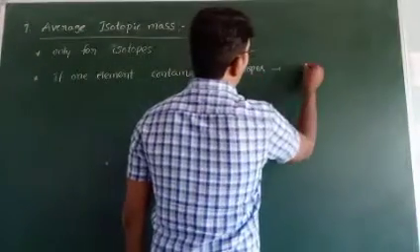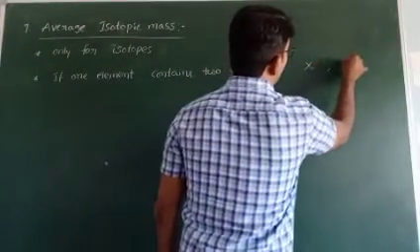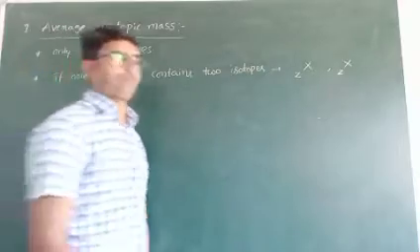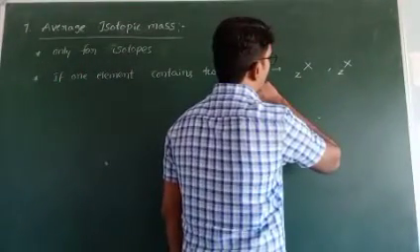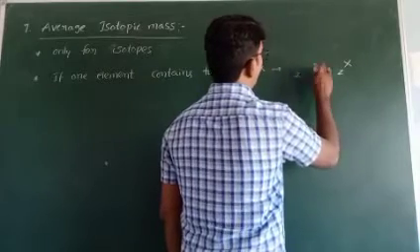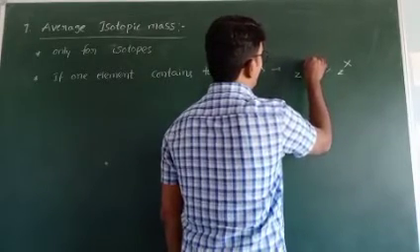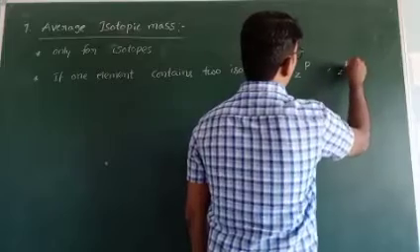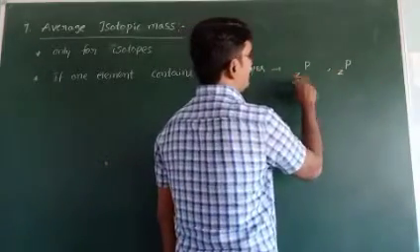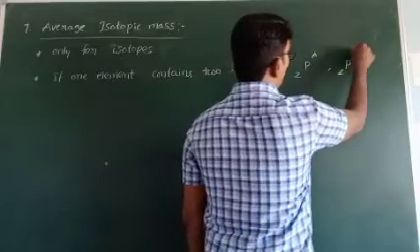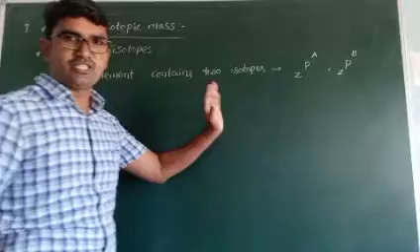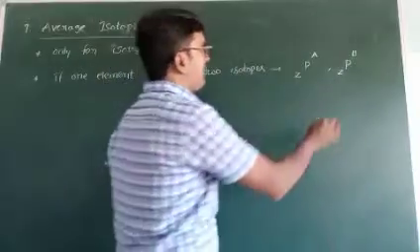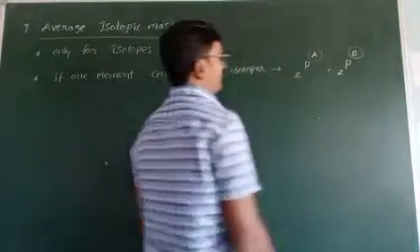For example, take that element as X, with the same atomic number Z. The atomic number is the same, but the mass number for one isotope is A and for another isotope is B. So for the first isotope the atomic mass is A, for the second isotope the atomic mass is B. So atomic numbers are the same here, but the mass numbers are different.